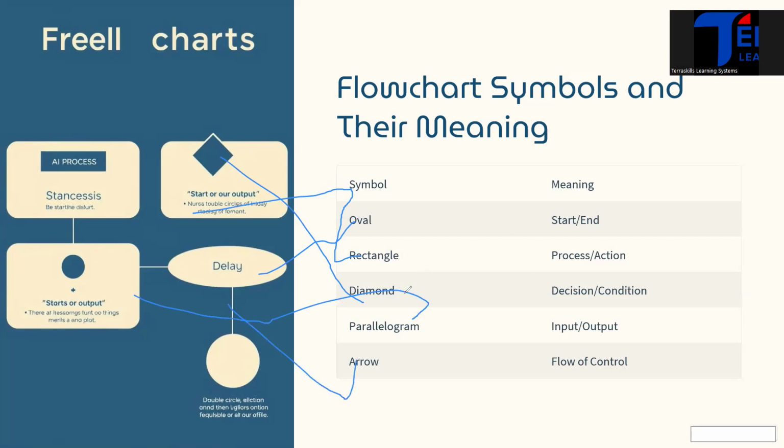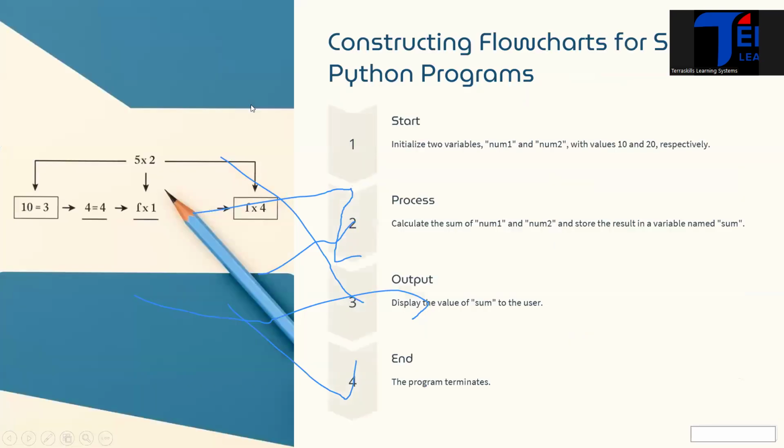The diamond is used for decision and condition. The parallelogram is used for input and output, while the arrow is used for the flow of control. That takes us to the next point.